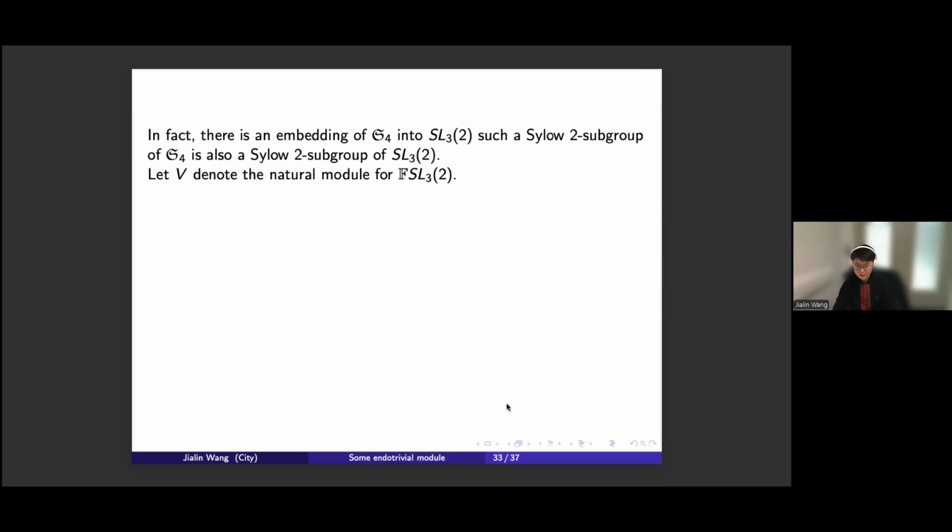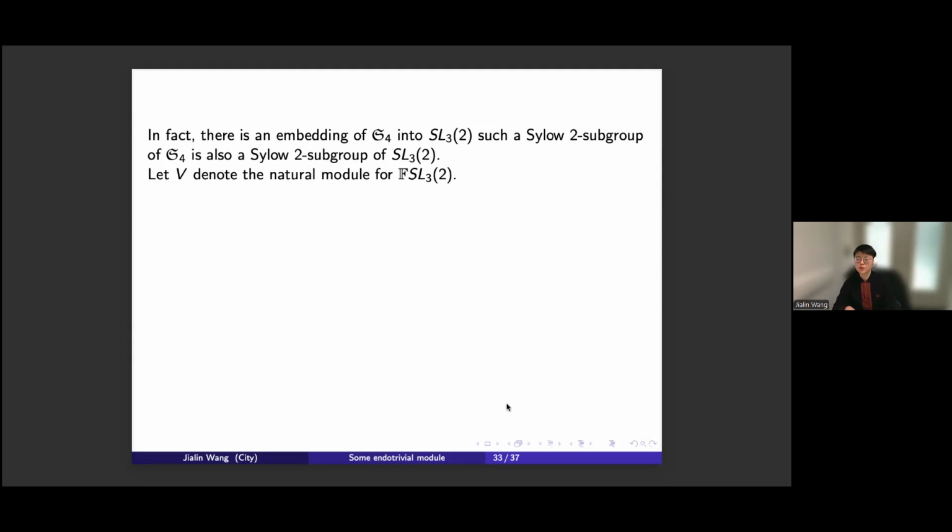And SL(3,2) has order 168, I think it's 21 times 8. So it will also have a Sylow 2-subgroup of order 8. And in fact, a Sylow 2-subgroup of S4 will be a Sylow 2-subgroup of SL(3,2).